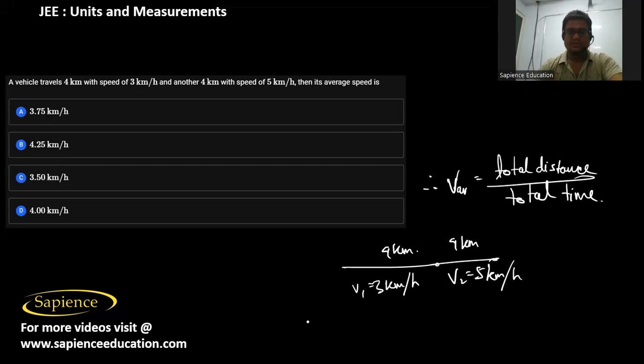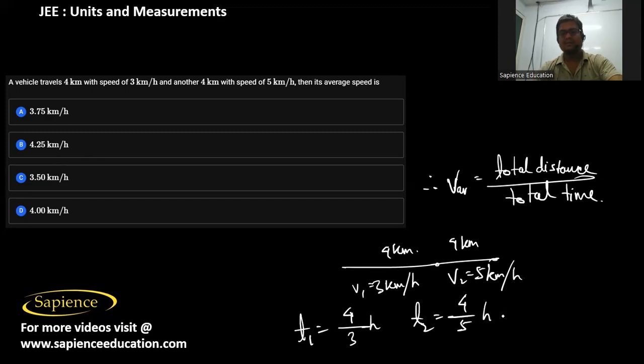So then the time required in the first case, T1, that is distance by speed, which is 4 by 3 hours, and the time required in the second case, that is distance by speed, that is 4 by 5 hours.